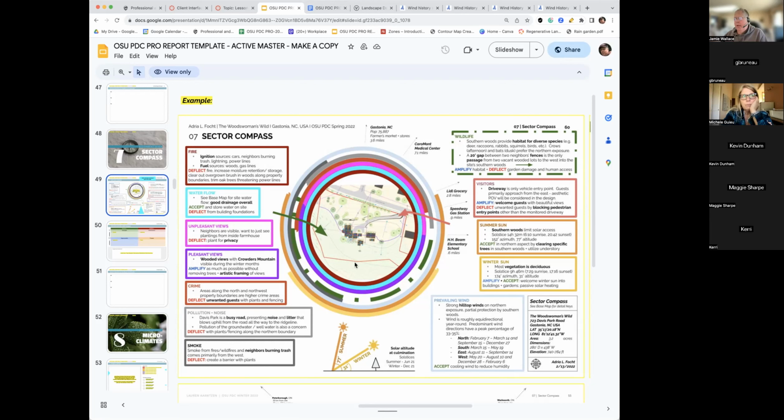So that's how we're going to take all of this info as we're going forward, and as your design's getting put together, you can reflect back on this and go, okay, we've got a great view here. How are we maintaining that, if that's what you want?